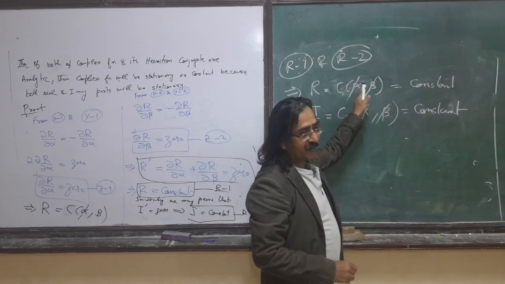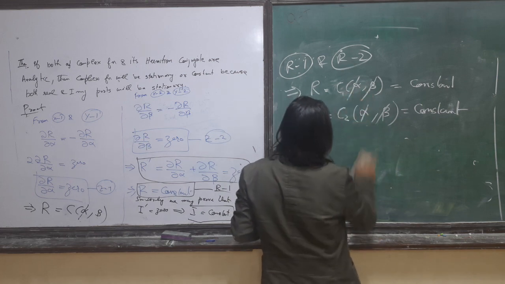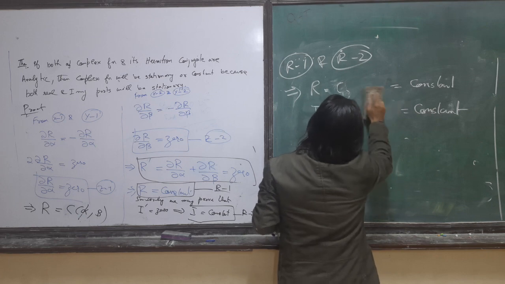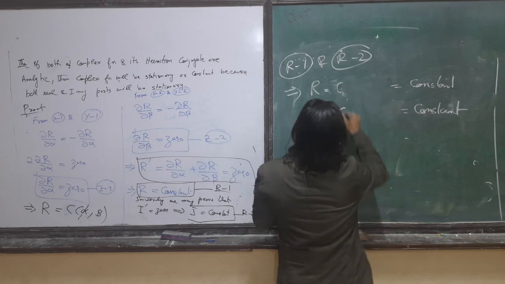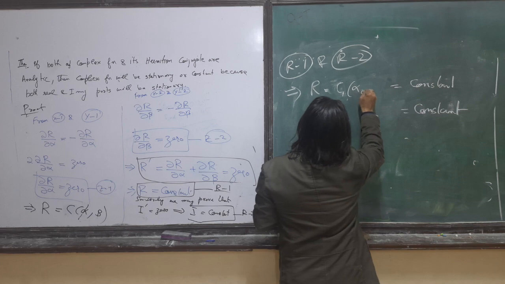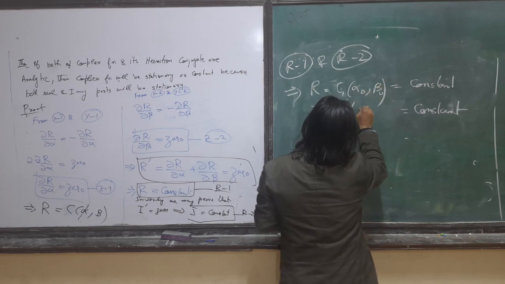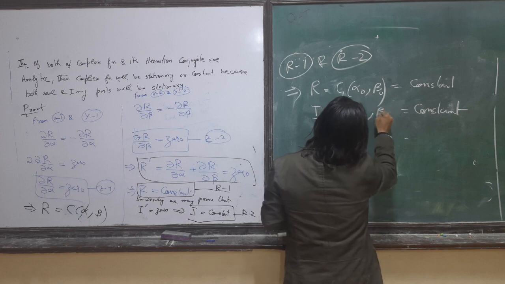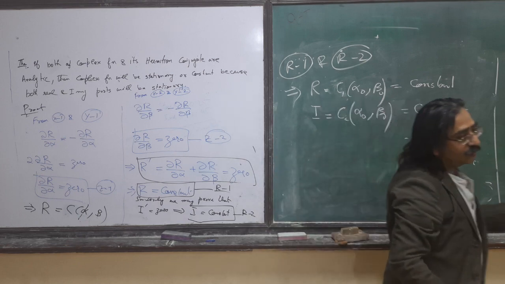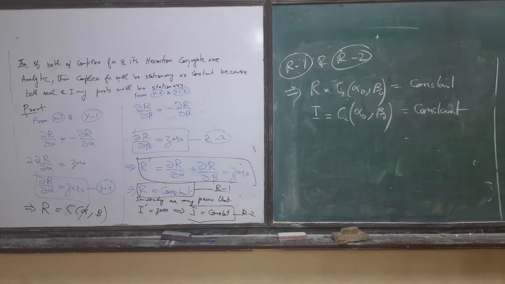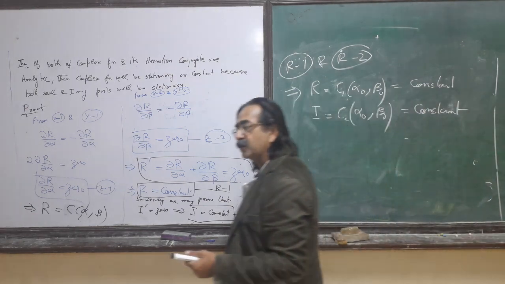Some people write it with a slash, and some people write it in this way too. C1 is a function of alpha naught, beta naught, and I is also a function of alpha naught and beta naught. This means the value is fixed. What was the initial value will always remain the initial value; that will not change. There are two ways to write the constants.